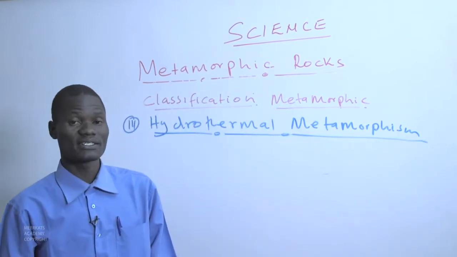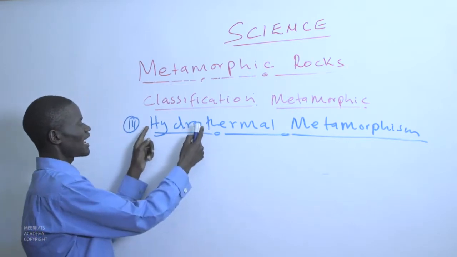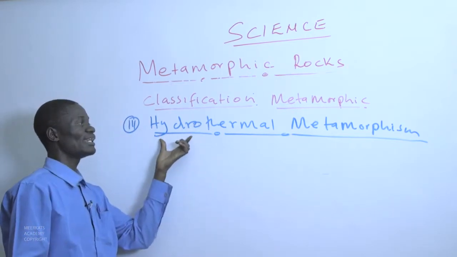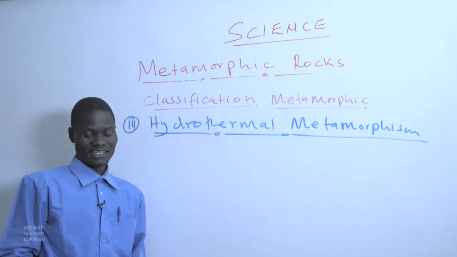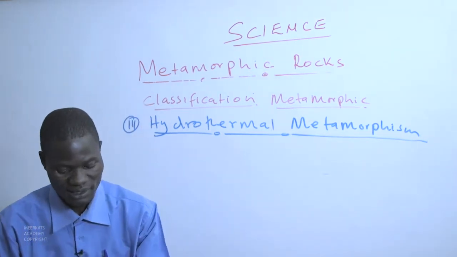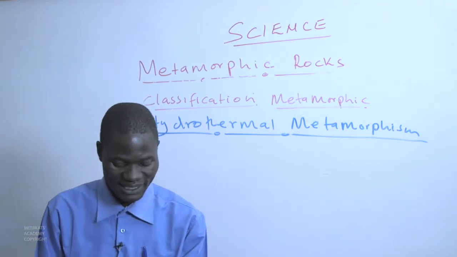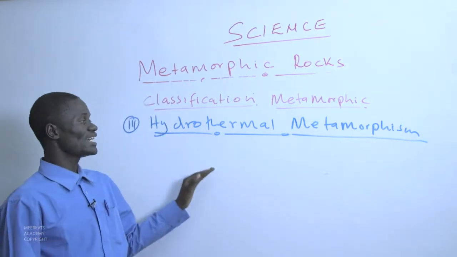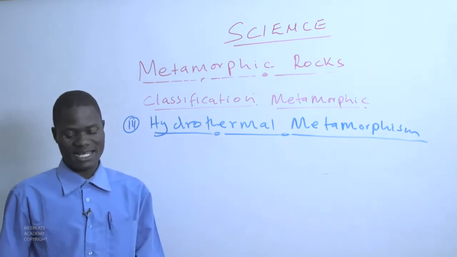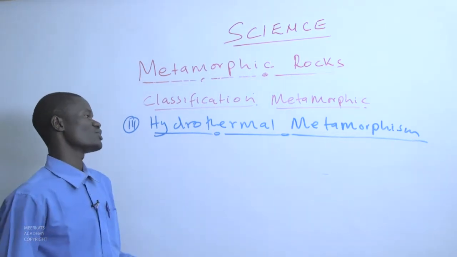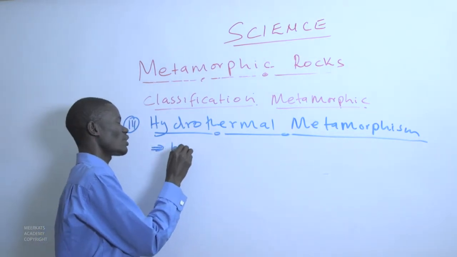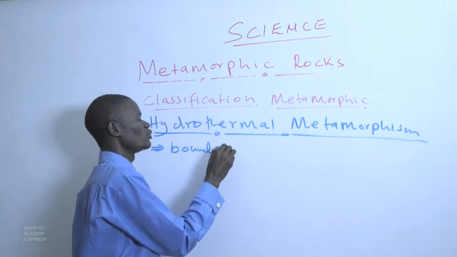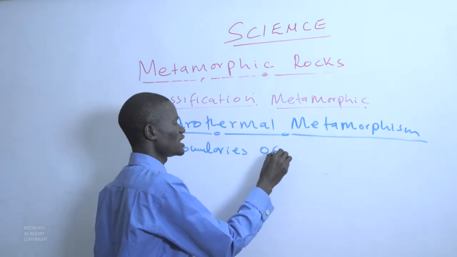Hydrothermal, as the word says, the word hydro means there's some element of water. Thermal means heat. Therefore, when we break down our understanding of this, hydrothermal metamorphism occurs at the boundaries of oceanic plates.